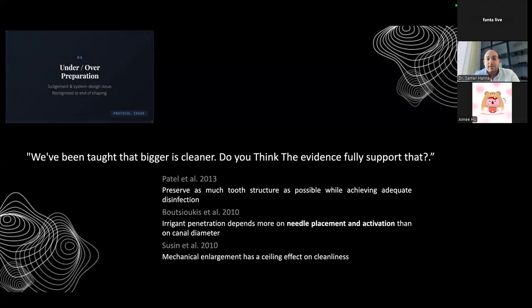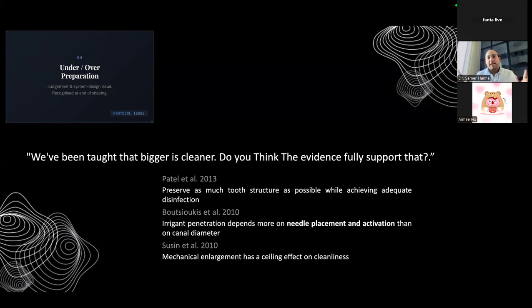Patel et al. in 2013 agreed that preserving as much tooth structure as possible while achieving adequate disinfection is the goal. And all his papers regarding the cleaning and irrigation dynamics said that irrigants depend much more on needle placement and activation rather than canal diameter.